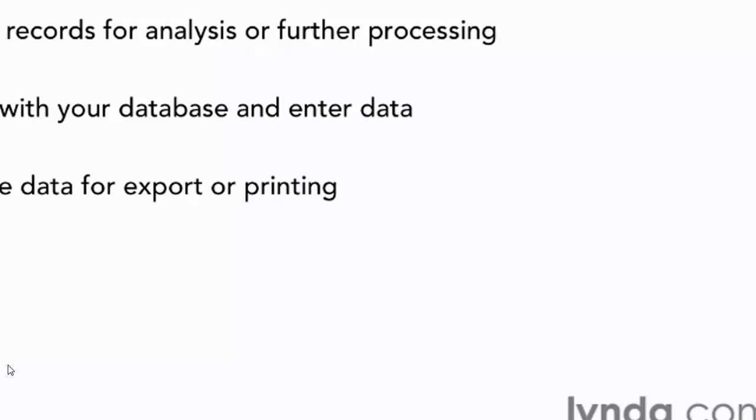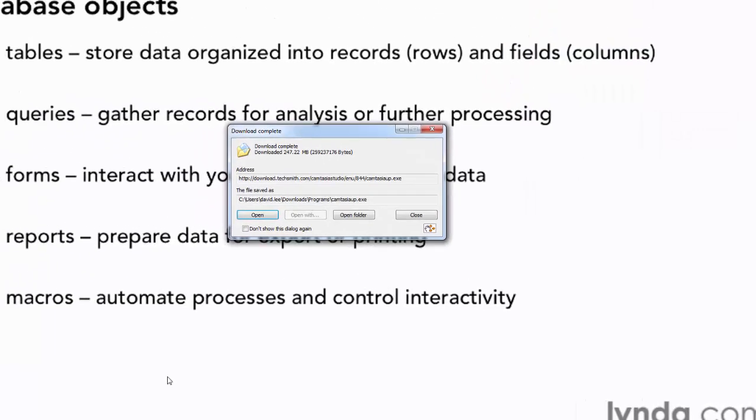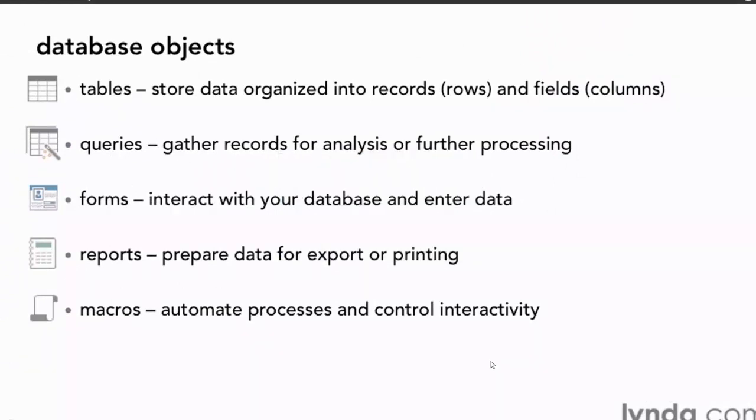Finally, macro objects are sets of programmatic instructions that you will create that tell the database how to function when you click on a button or interact with a form or other object. They can automate some fairly complex tasks. It is the interaction of these 5 components that makes a database function. For instance, a form might help you enter data into a table. A query will then filter those records to a specific subset, and then a report will format that subset of records for printing. To create our objects, we'll be using multiple working modes called views.